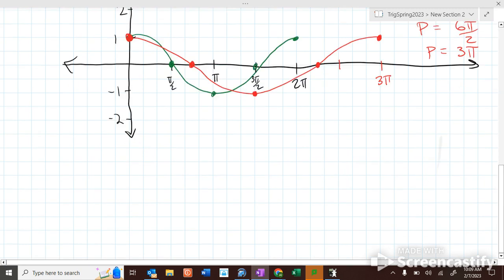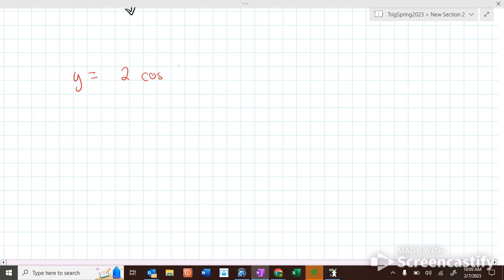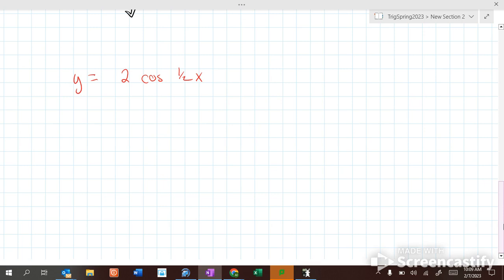All right. Let's say we have y equals 2 cosine of 1/2 x. What is the 2 going to do to the graph?